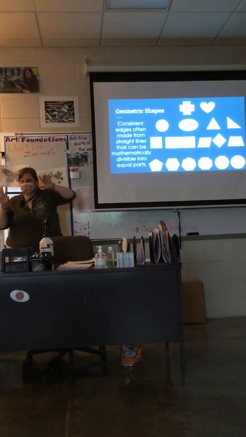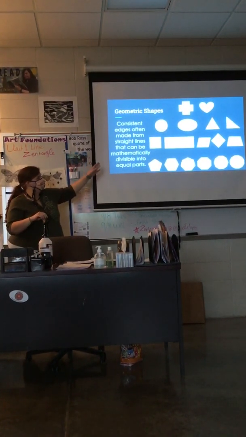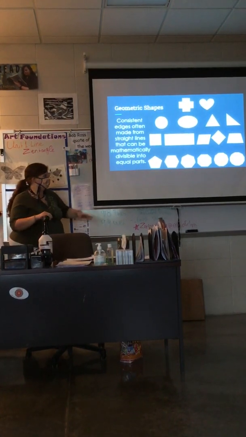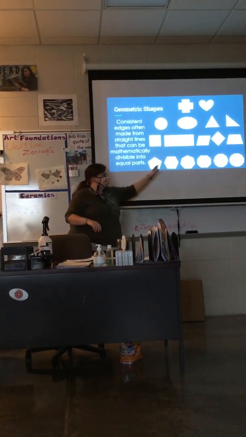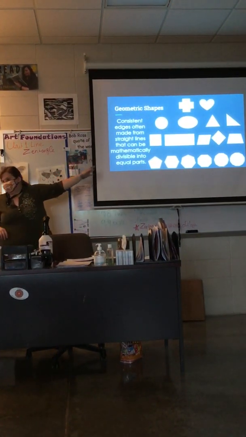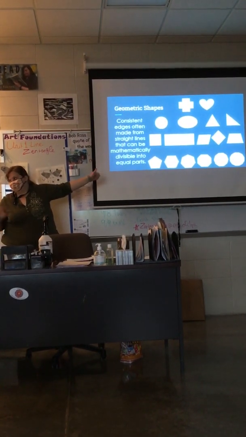So I gave you some examples. Circle, oval, that one's kind of there. Triangles, ton of those. Squares, rectangles, parallelograms, diamonds, trapezoids, all that great stuff. And then you get into where you start getting your multiple sides, your polygons. So you've got your pentagon, how many sides is that? Good. And then you've got your hexagon, which is how many? Good.